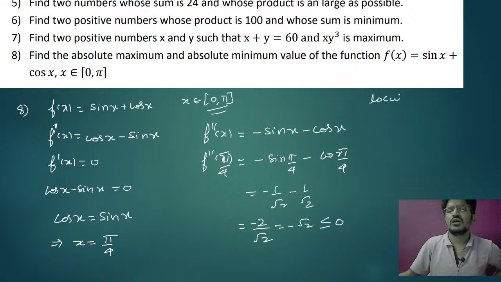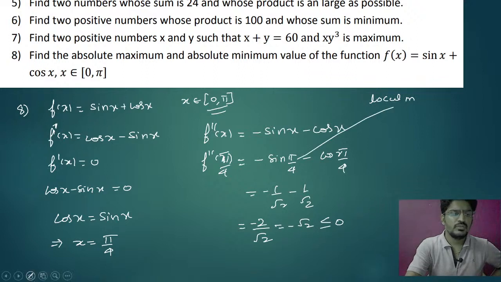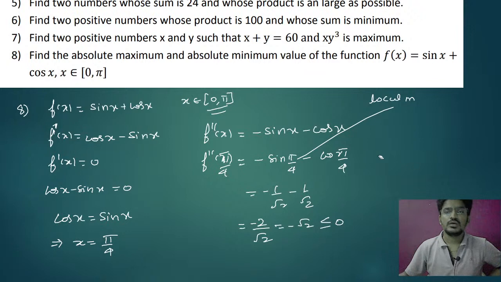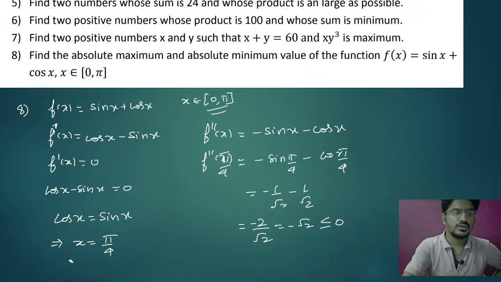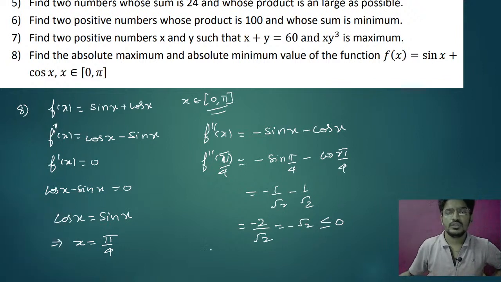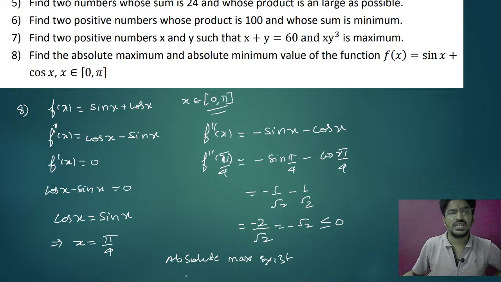Local absolute maximum exists. Clear? You can see that absolute maximum exists at pi by 4.